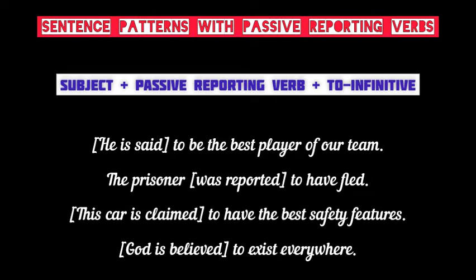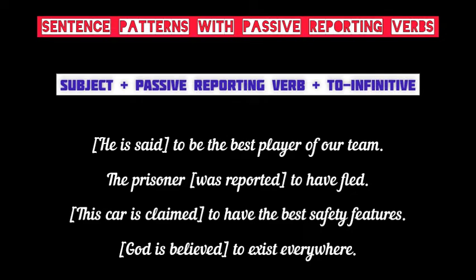In this sentence, the reporting verb say is used in the passive voice after the subject he, and the passive reporting verb is said is followed by the infinitive to be. But from the passive reporting verb here, it's not clear who says that he is the best player of our team. The speaker does not attribute this statement to any particular person, but he is distancing himself from this statement.